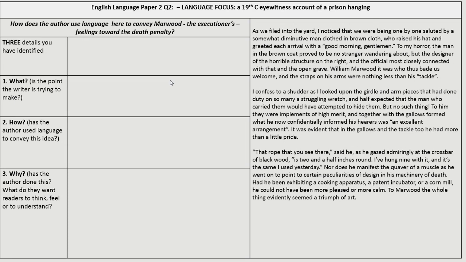And it's how does the author use language here to convey Marwood, the executioner's feelings towards the death penalty. So what are Marwood's feelings towards the death penalty? That's your stretch and challenge task.